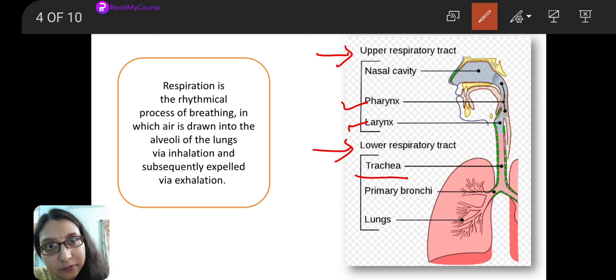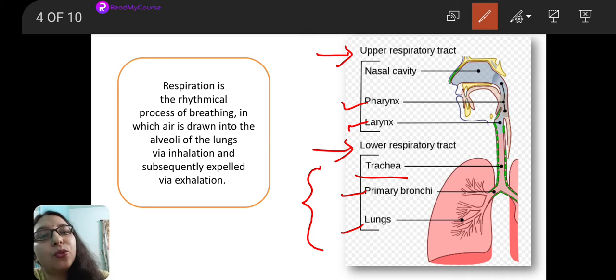So we have the trachea. After that, we have the primary bronchus and the lungs. So this part, the trachea, bronchi, bronchioles, this is known as the respiratory tree.